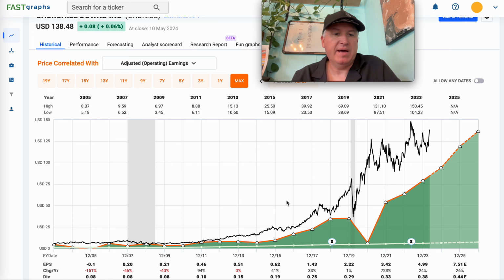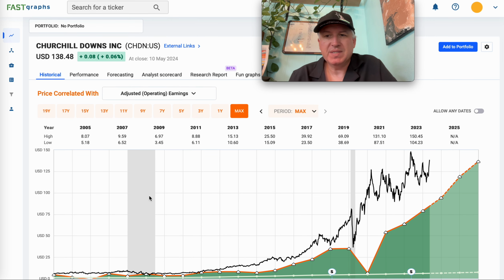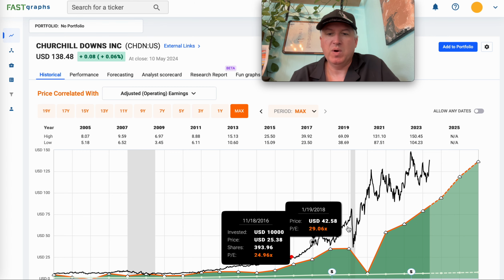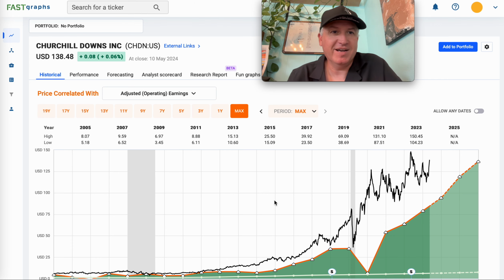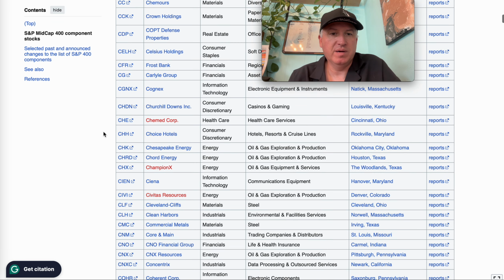This isn't a bad pattern to take a look at, but they can be a little bit unpredictable. So I probably wouldn't personally buy it, but you can definitely see that in the right conditions, if you don't pay too much for it, you can do pretty well. A 25% CAGR over the past 10 years or so is pretty awesome. I don't know if they can keep doing that, but it might be worth taking a look at.